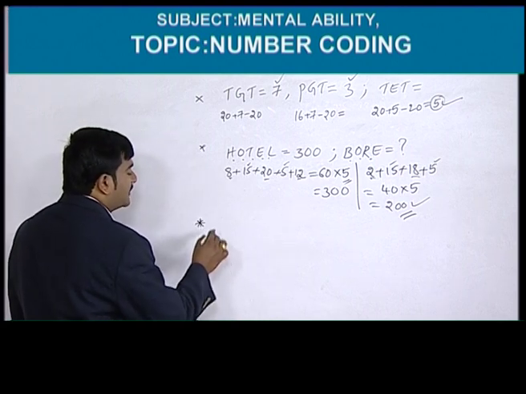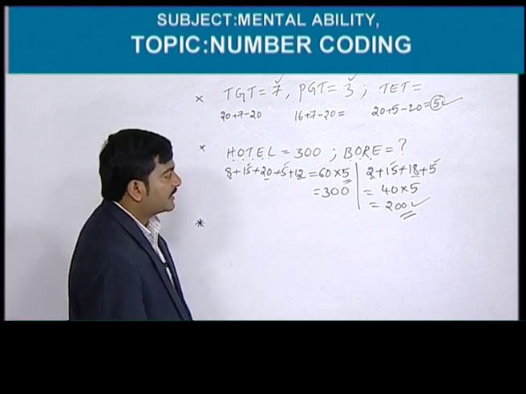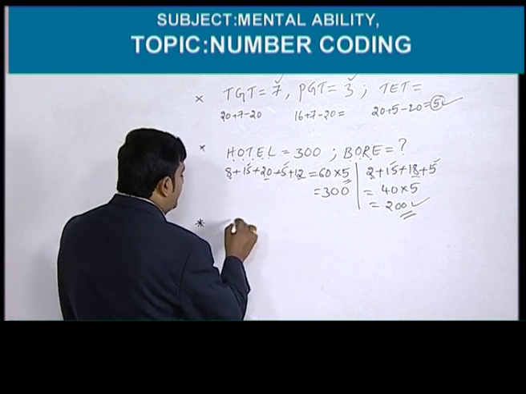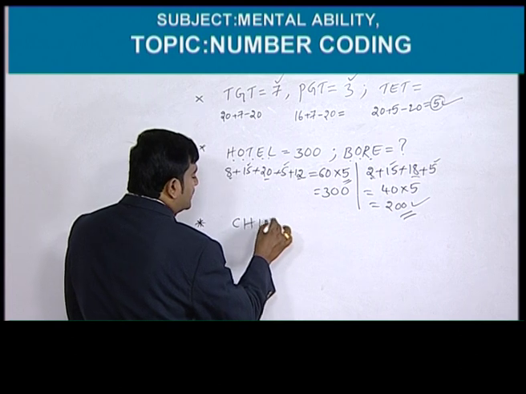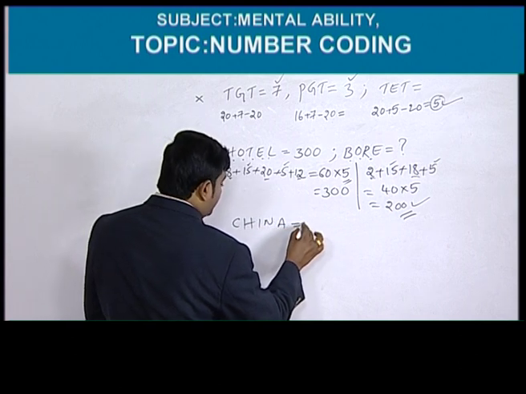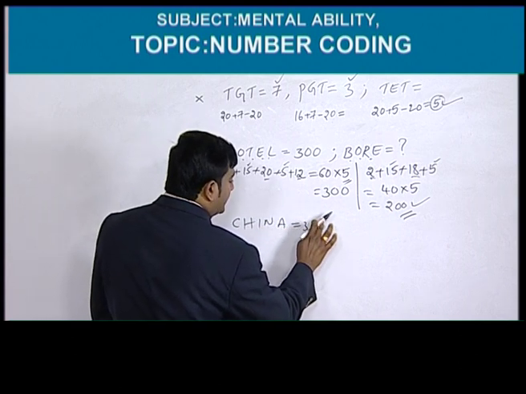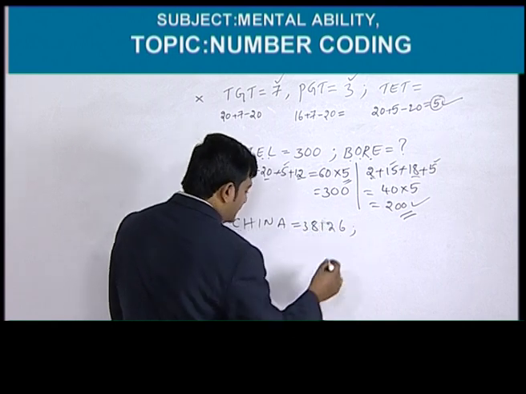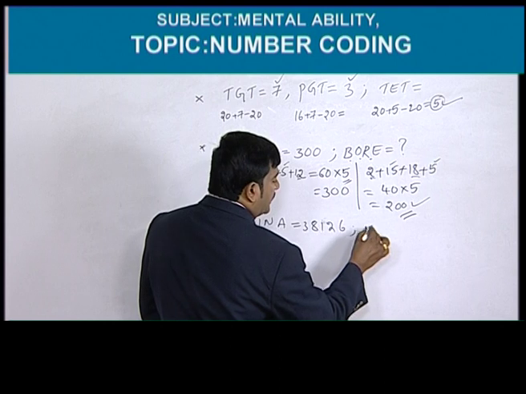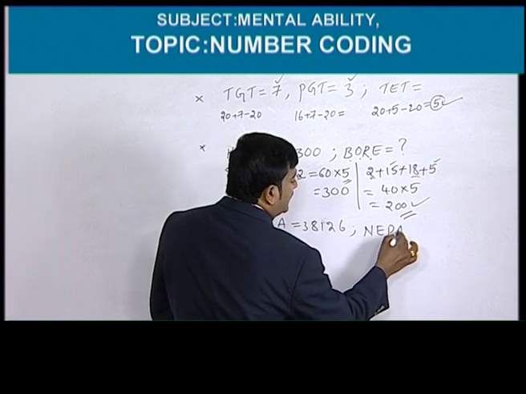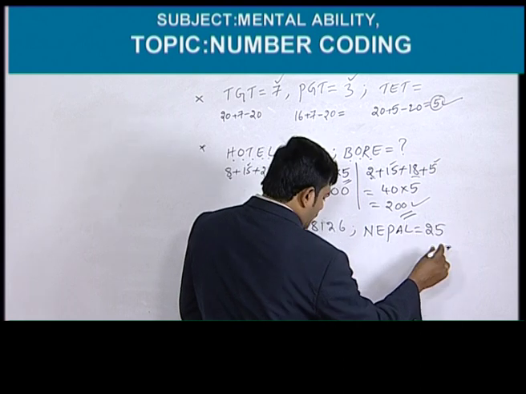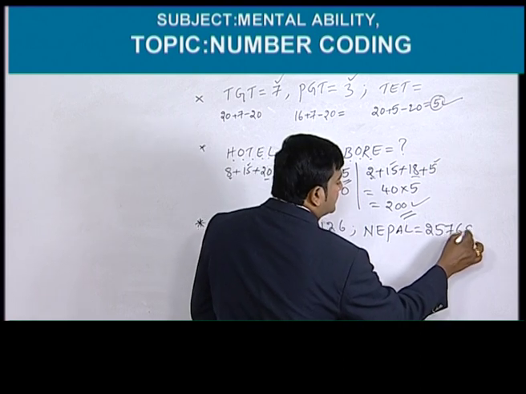Now we can discuss one more example in a certain code language. For example, in a certain code language, China is written as 38126. Similarly, Nepal is written as 25769.